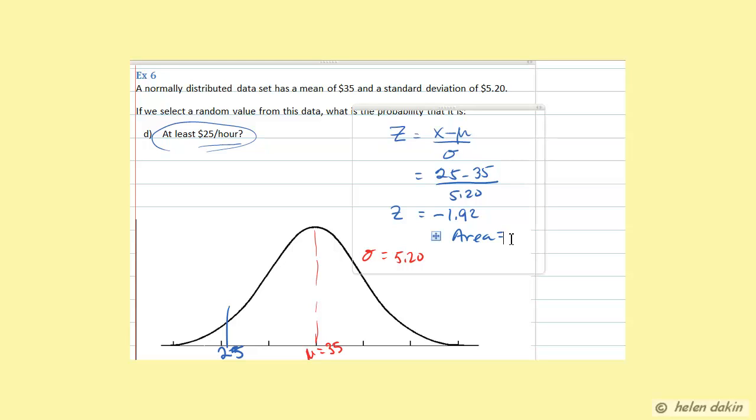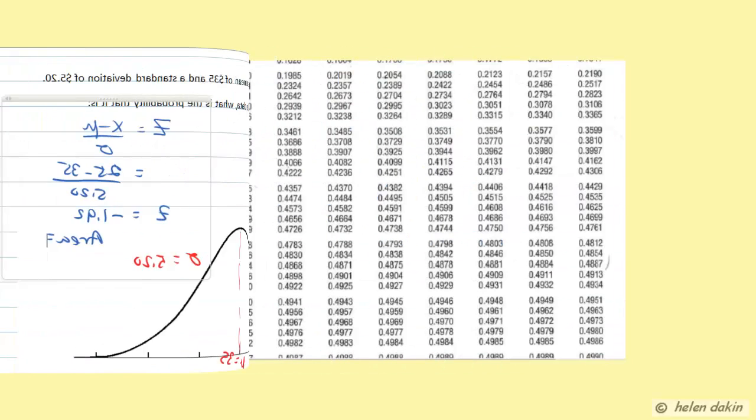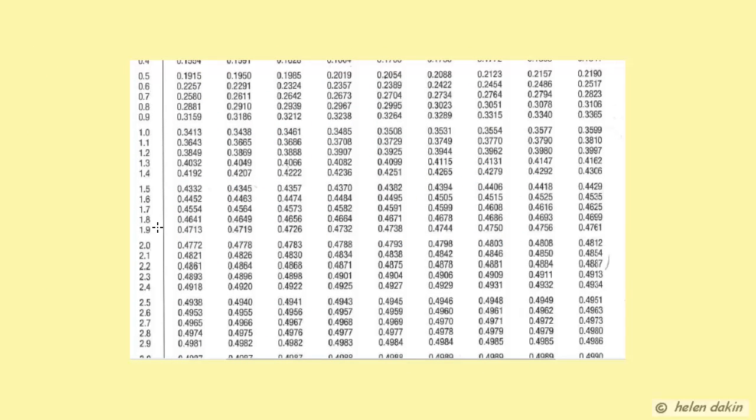And now what I need to do is go to my Z tables and get the area for that. When I move over to my Z tables, for a Z value of 1.9, and I scroll across to the right-hand column, 1.92, and I'll circle that, it's 47.26%.